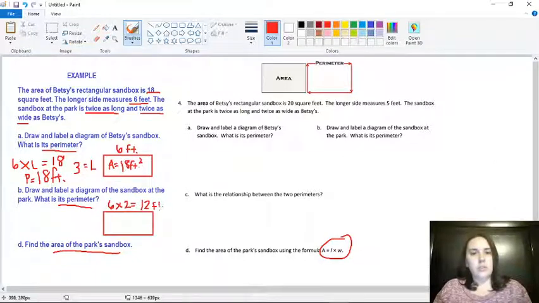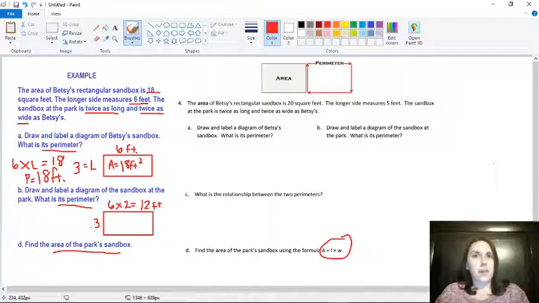We also know that since the short side of Betsy's sandbox was 3 feet, and the sandbox at the park is twice as wide, we can say 3 times 2, and that's going to be 6 feet. That's still not the end of question B.